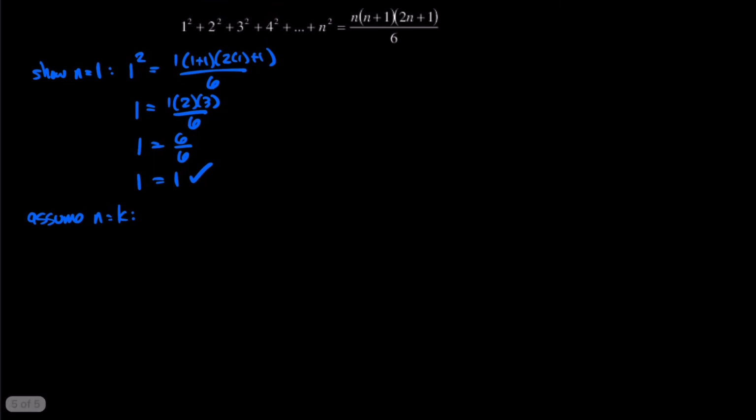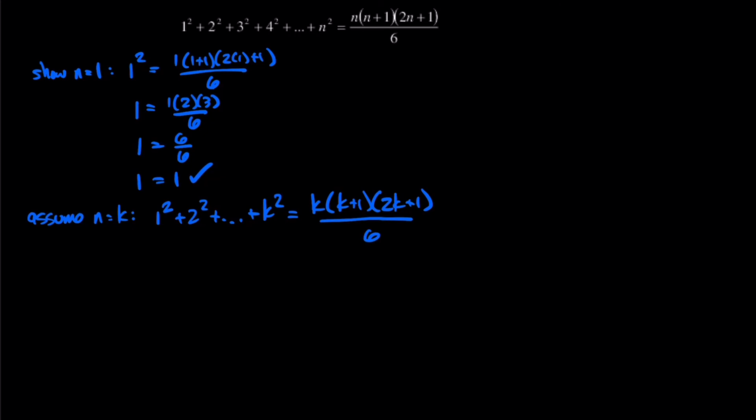What that's going to give me is this stuff here, and I replace that with a k, and I replace all of these with a k. All right, so that's going to be 1 squared plus 2 squared plus dot dot dot plus k squared equals k times k plus 1 times 2k plus 1 all over 6.